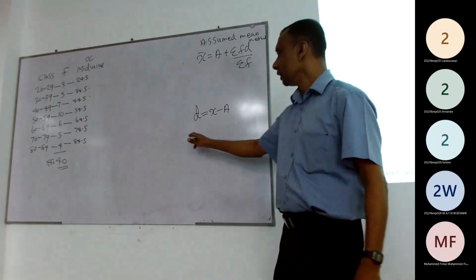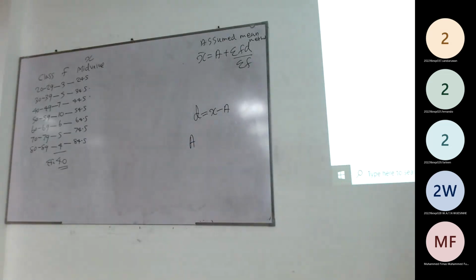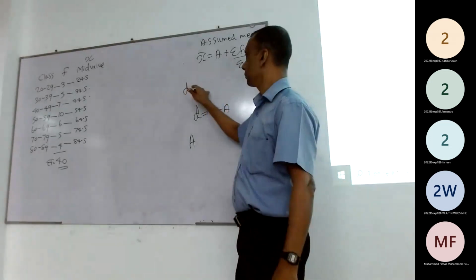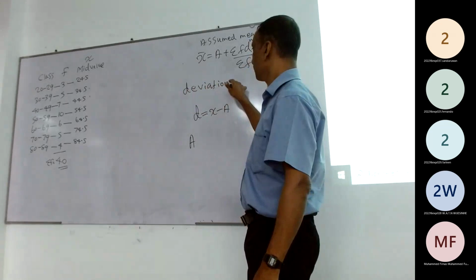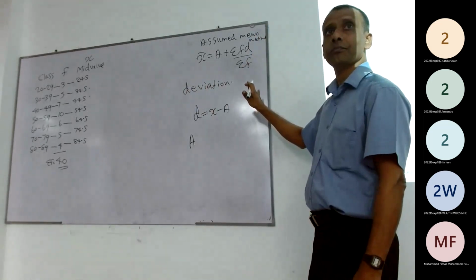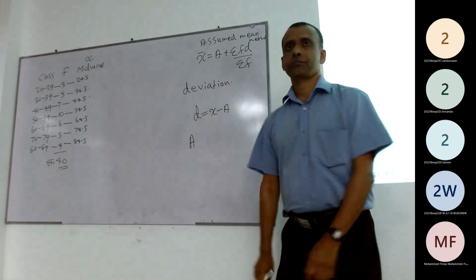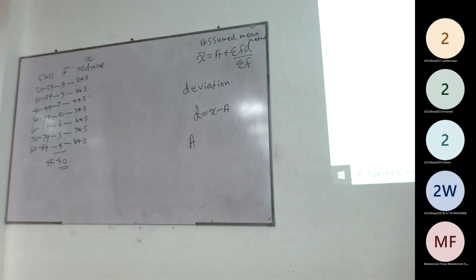That is denoted by A. Then we calculate the deviation, D equals x minus A. After that, apply the formula.